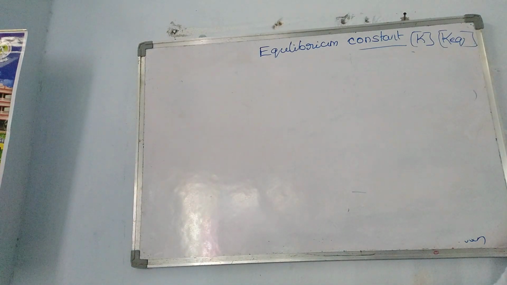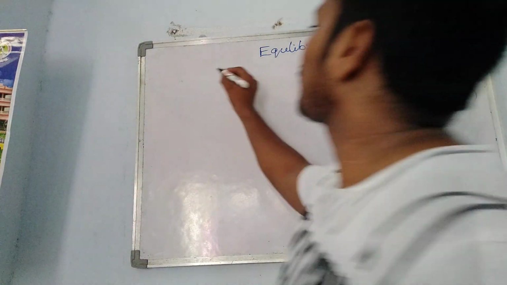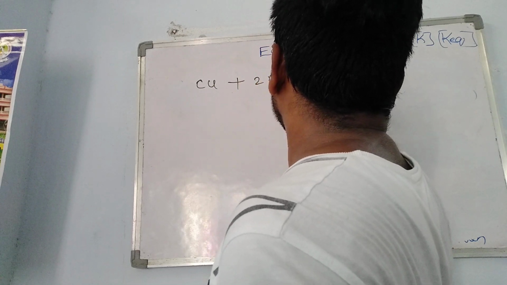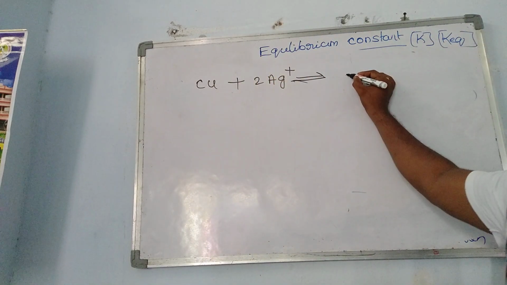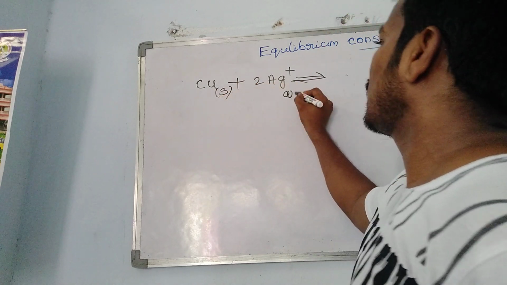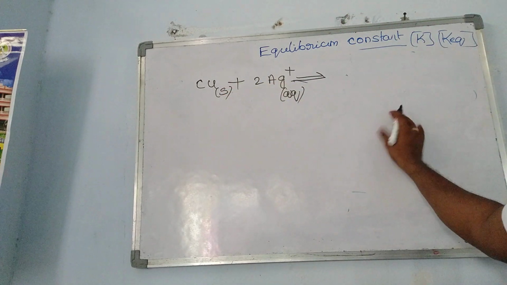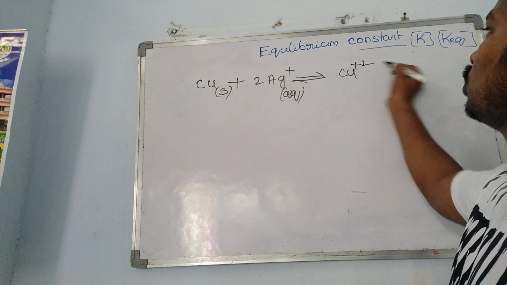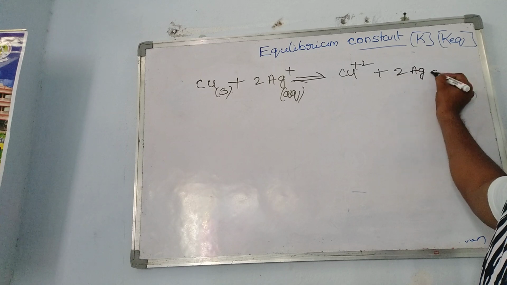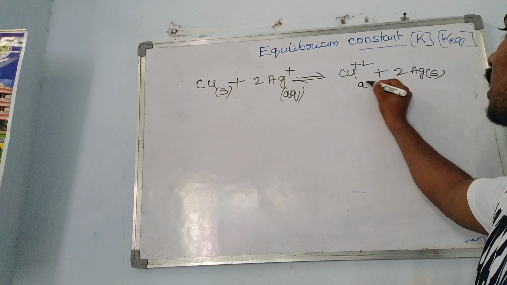For example, I am writing Cu plus 2Ag plus, a reversible reaction in a closed vessel. Copper is a solid, and the other is aqueous. So it becomes Cu plus 2Ag plus, solid plus aqueous.